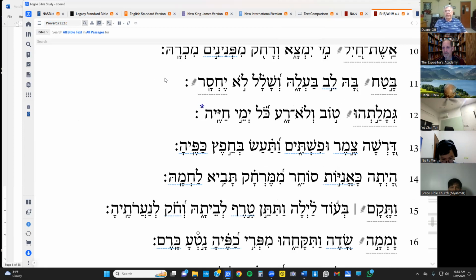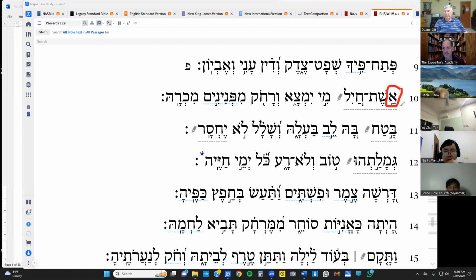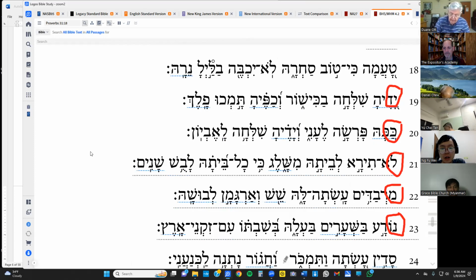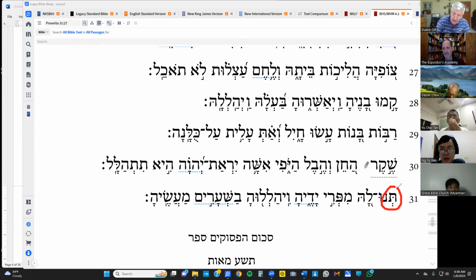Okay, so starting in verse 10, notice we have Aleph, the first letter of verse 10, Beth, the first letter of verse 11, Gimel, the first letter of verse 12, Daleth, Hey, and all the way through to verse 31 in this case, which ends with Tau. That's the last letter.